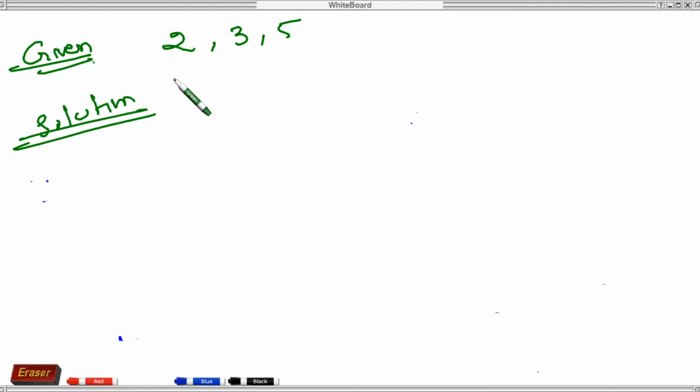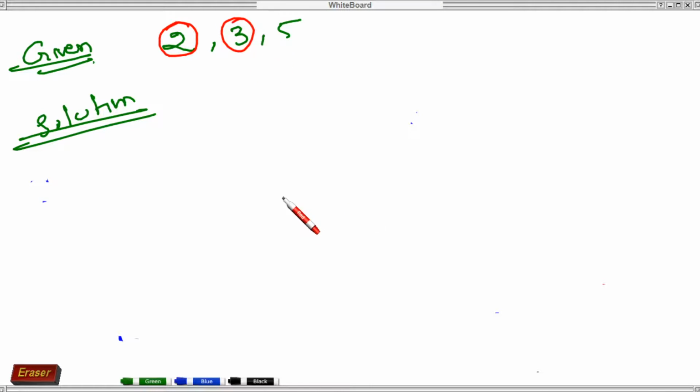Now suppose we are given vectors like this: one magnitude is 2, another one is 3 and the third one is 5. We have to check whether they are in equilibrium or not. So again we have to find the maximum and minimum. Let's consider this vector and this vector.